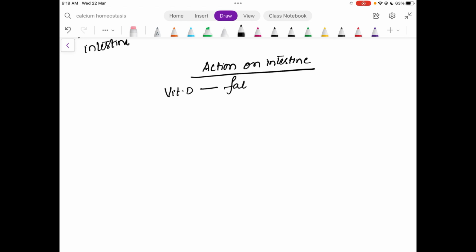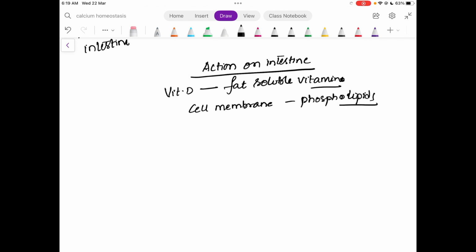Vitamin D is a fat soluble vitamin, and the cell membrane has phospholipids, and the nuclear membrane has phospholipids.